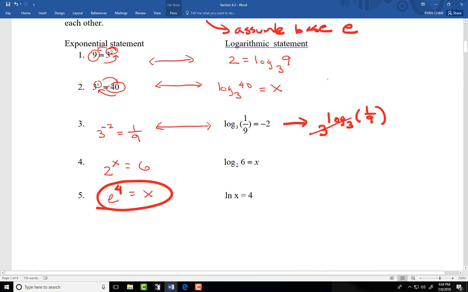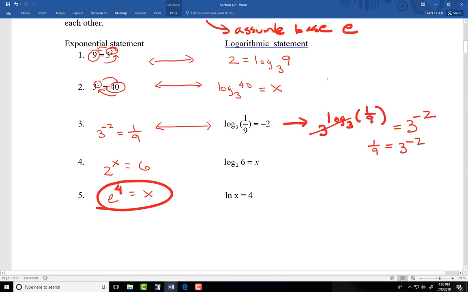Now the thing is, I obviously can't just arbitrarily do that. So if I'm raising with a base 3 on the left-hand side, I have to do it to the right-hand side, like this. So if you notice, this left-hand portion cancels out. It's left with 1/9, and I end up with 1/9 equals 3 to the negative 2. And that is what we actually have for 3. Do you guys see that? So this is actually another way to do this.